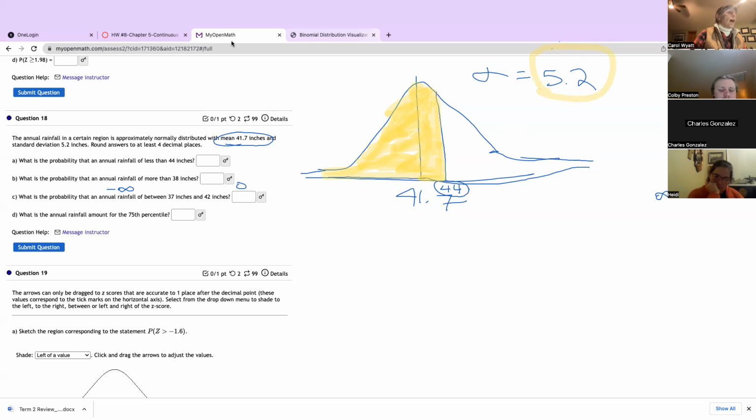Okay. So I'm going to use my calculator to calculate the area underneath this curve that's less than 44. I'm going to go to distribution, normal CDF. It says, what's the smallest number you want?